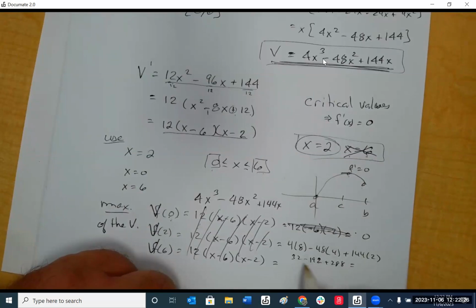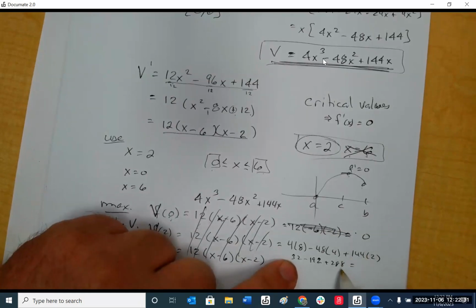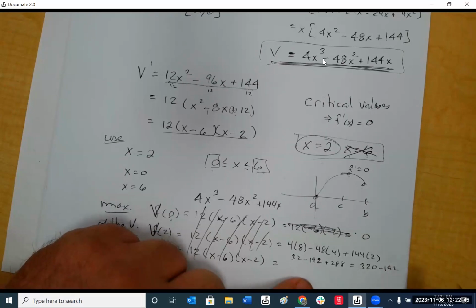So 288 plus 32 is 320, minus 192 is 128.